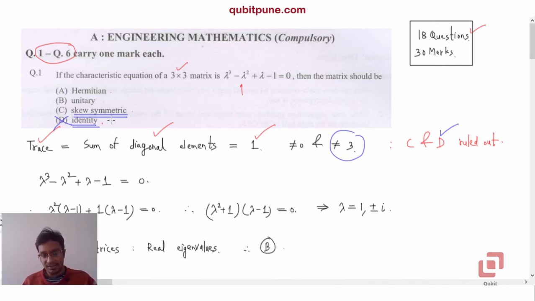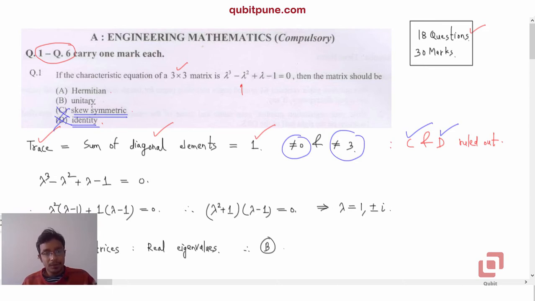So their sum is also equal to 0, which is not the case here. So it is neither 0 nor 3, so I can also rule out option C. So it is either a Hermitian matrix or a unitary matrix.